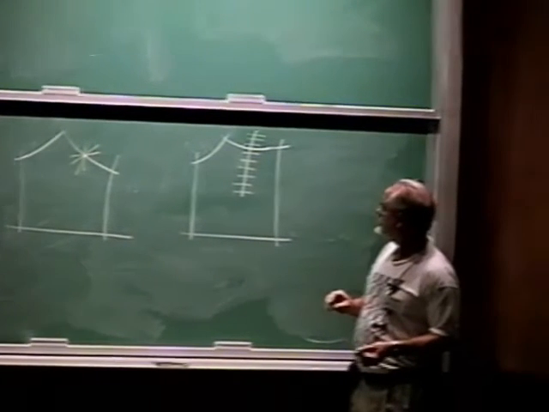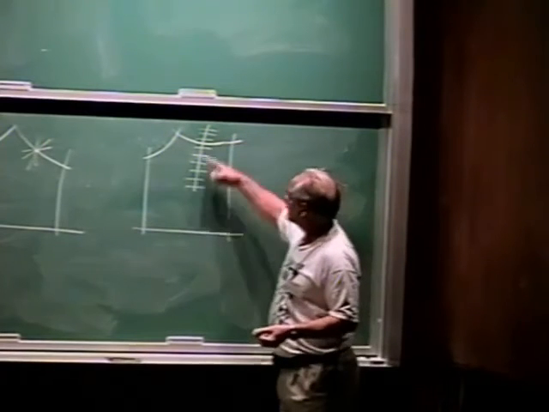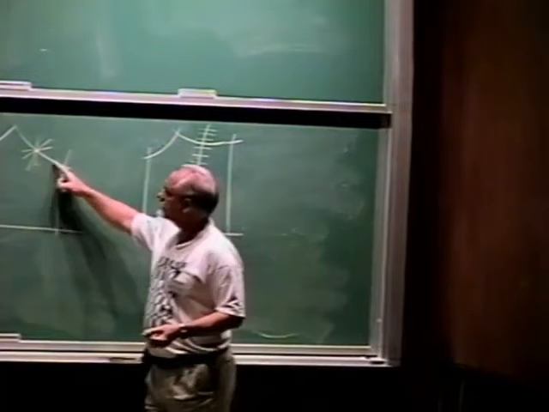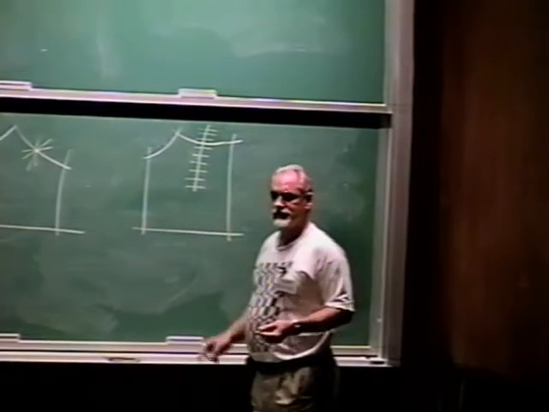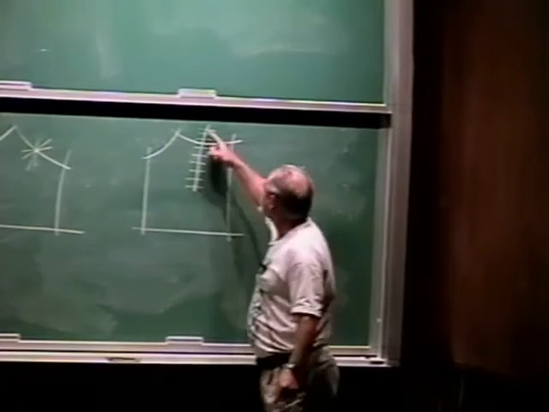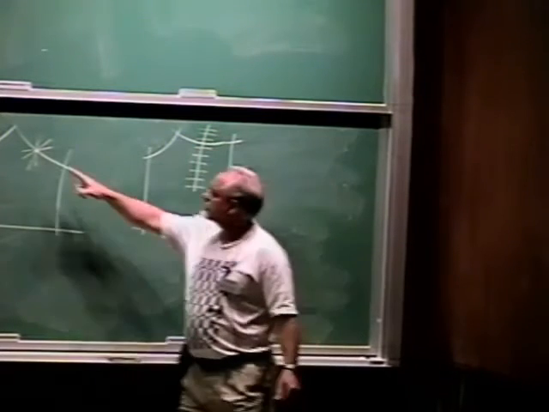Excuse me? You didn't draw enough blow-ups. Yes, I did. This is the new line. Now, there's an extra line here. Yes, I have. That may be, but there's an extra line that you don't see.